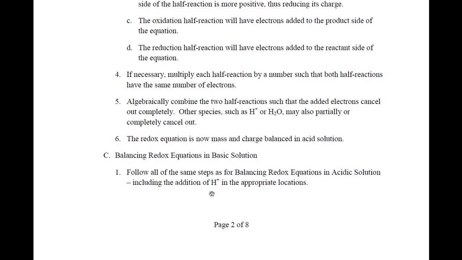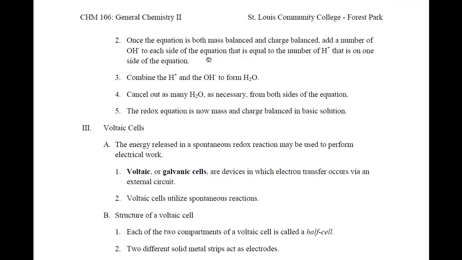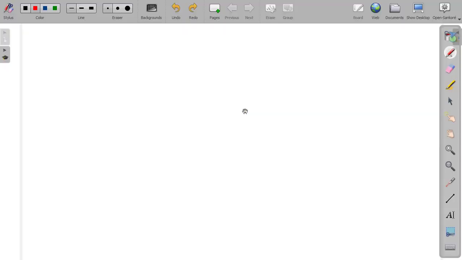Then, once the equation is both mass balanced and charge balanced, we will bring hydroxide in, which will cancel out the hydrogen ions to make water. And then once we've canceled out the hydrogen ions to make water, we can figure out how to cancel the water, and that'll just leave hydroxide on one side and water on another. All right, so let's try this with the second lecture problem.